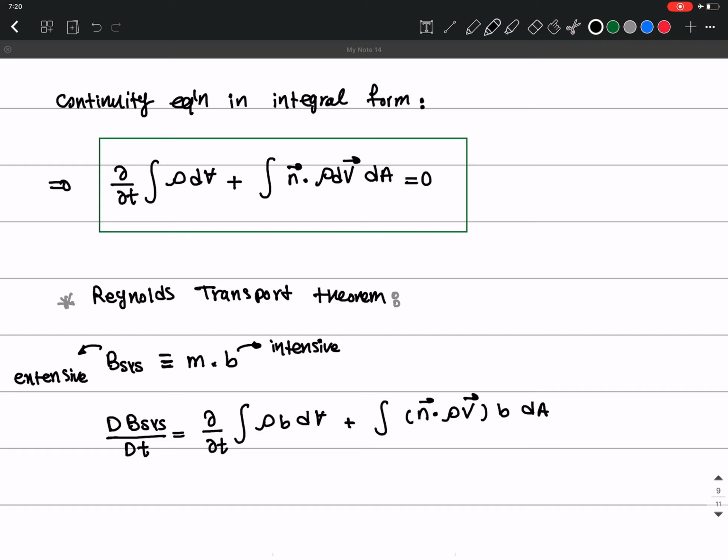Okay. So for this, if you write this, you can derive both continuity and momentum equation.